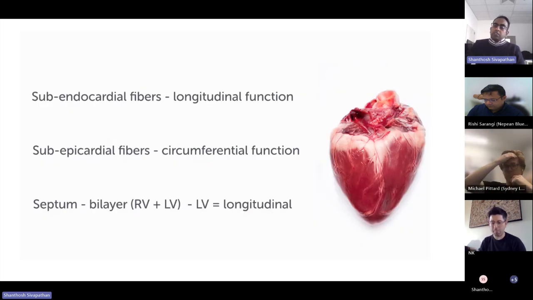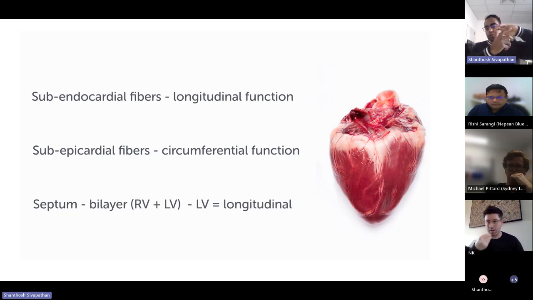The reason for this variation, as I alluded to before, is that you've got varying fibers. You've got subendocardial fibers, which go longitudinally. Then you've got epicardial fibers, which are circumferential, and in between, you've got crisscrossing fibers, which interlink the myocardium, and that overall gives this twisting torsion function.